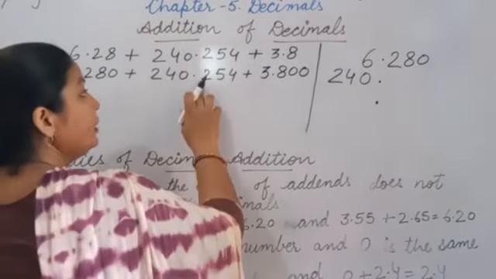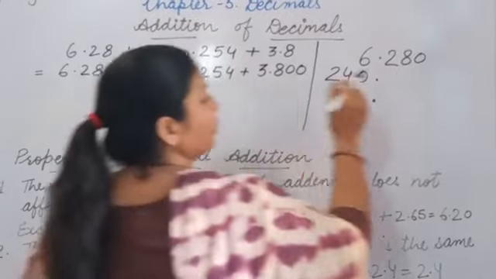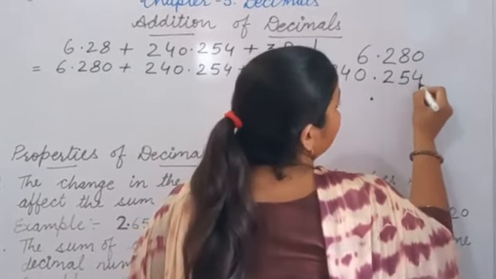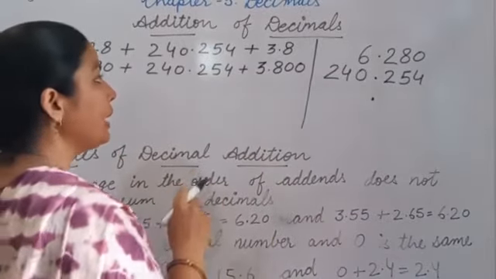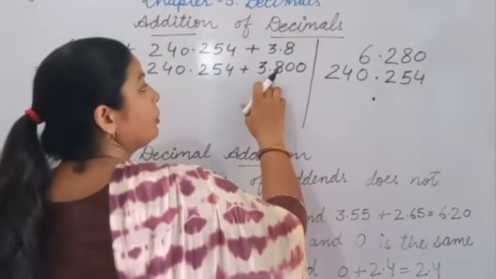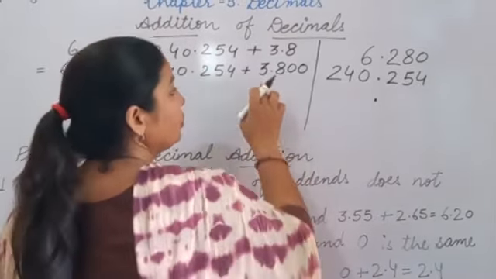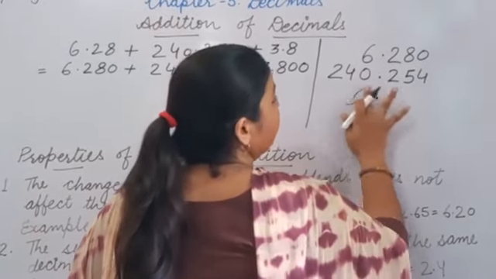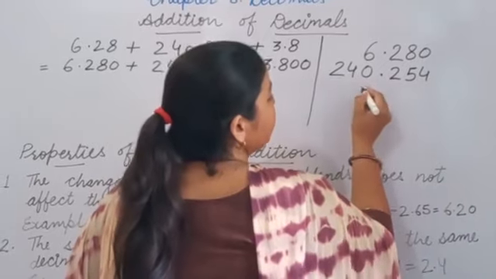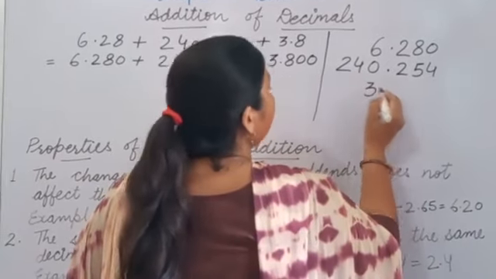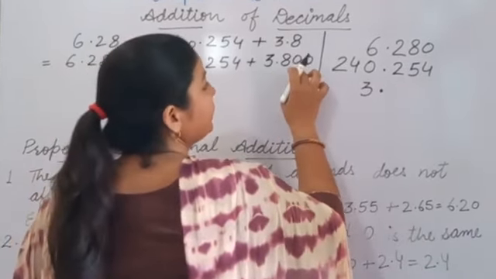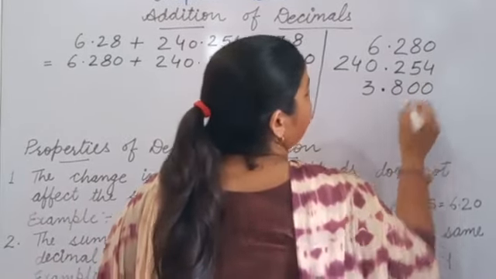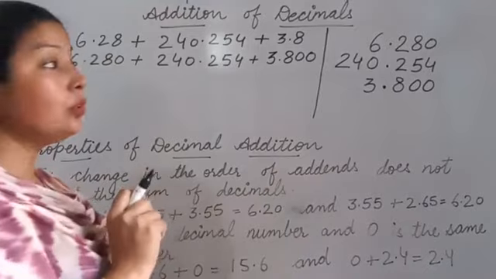Okay, then 254, so we write here 254. Then after that we have 3.800. So 3 is in the ones place, so we write 3 in ones. After the decimal we have 800. So 800. Like this you have to arrange.